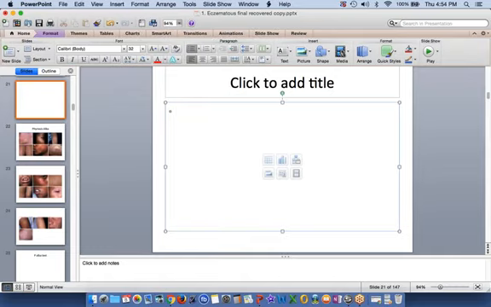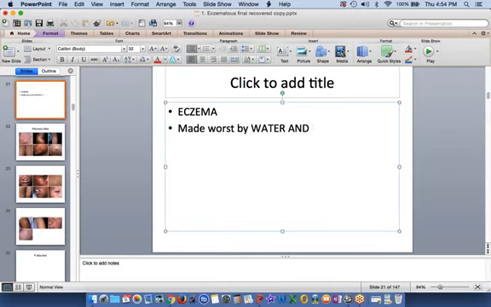Anything that looks like eczema, and now let's imagine you have the right diagnosis, is made worse by water and wetness. And I say wetness because maybe they're not using water, they're using some other means of wetting the skin. And I always tell patients, no washing the body.